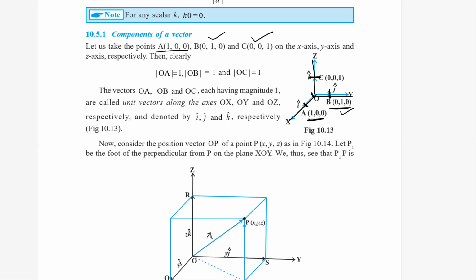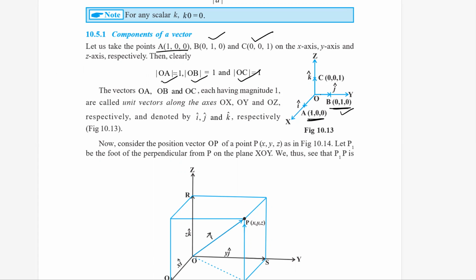Then the magnitude of OA will be equal to 1, because magnitude is given by the under root of (1 minus 0) the whole square plus (0 minus 0) the whole square plus (0 minus 0) the whole square. Coordinates of the origin are (0, 0, 0). So the magnitude of OA is equal to 1, the magnitude of OB is also 1, and the magnitude of OC is also 1.